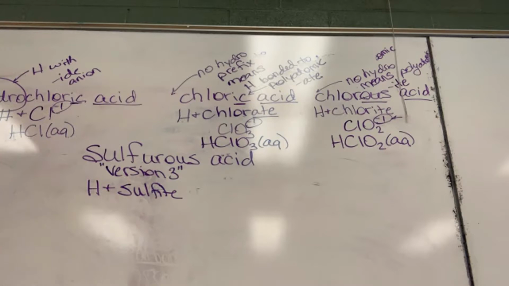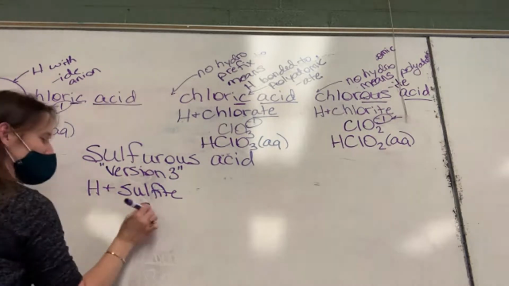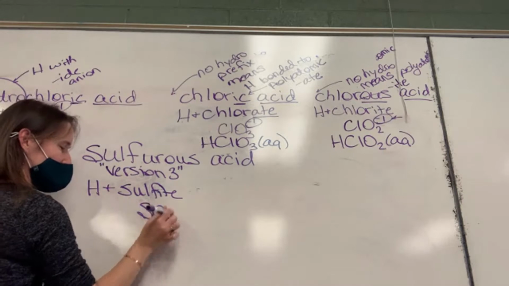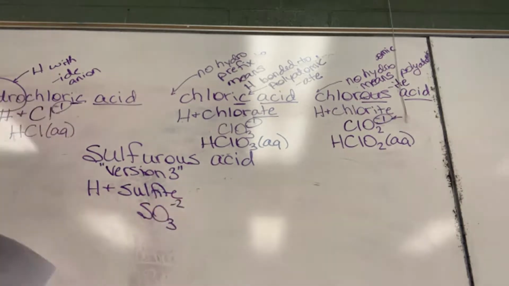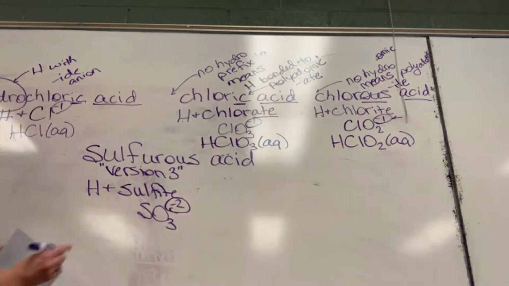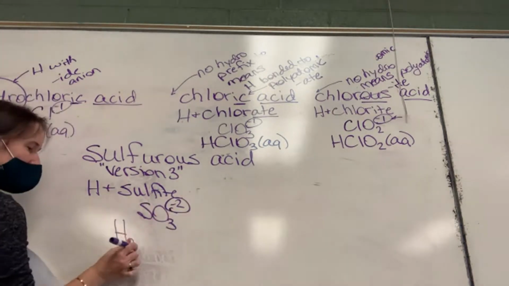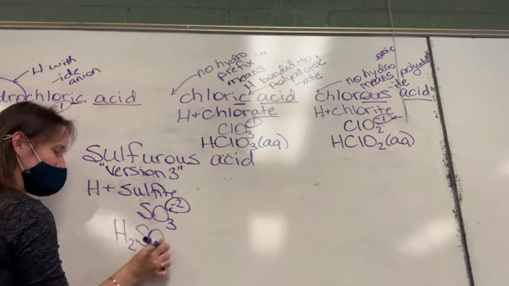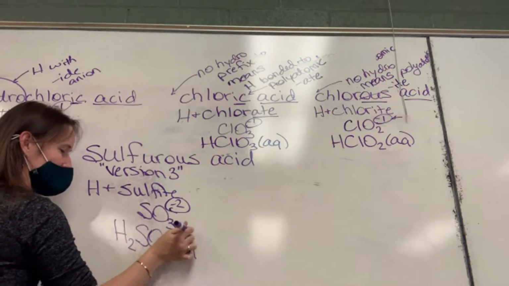Does anybody remember what sulfite is? It's sulfur with some oxygens. It's sulfur with 3 oxygens and a -2 charge. Why did I want to look at the -2? That's how many hydrogens are bonded to it. So how many hydrogens are on it? 2. So it would be H2SO3 AQ.